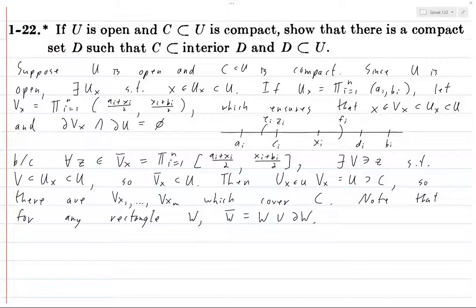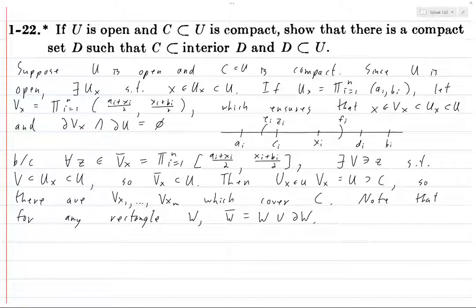And so then you've deconstructed the space, and you've characterized the entire space Rn, because points are either going to be in W, or they're going to be in the boundary of W, or they're going to be outside of W. And so that's how you prove that the closure of W is equal to W union the boundary of W. And that's how you know that the boundary of Vx intersected with the boundary of U is empty, because we've proven that the closure of Vx is contained in U. So the boundary of Vx is contained in U. And since U is open, it does not contain any of its boundary points, because any point can be completely contained within a neighborhood which is completely contained in the set, because it's open.